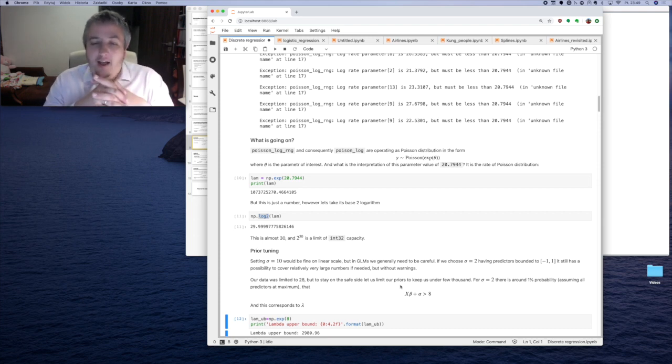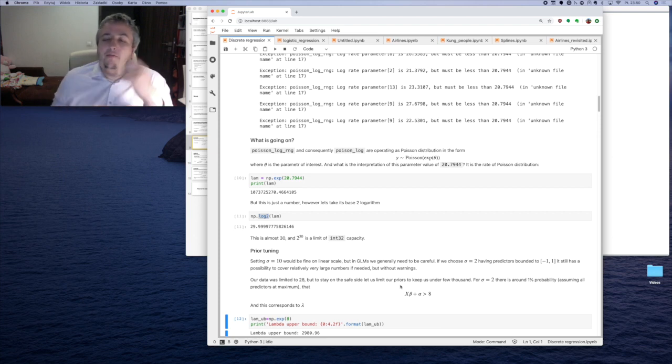So what we could do is choose, for example, sigma equal 2. So we would get an assumption that if predictors would be all equal to 1, because they are bounded from 0 to 1, or minus 1 to 1 in case of x1 and x3, we can still cover a large scope of numbers.